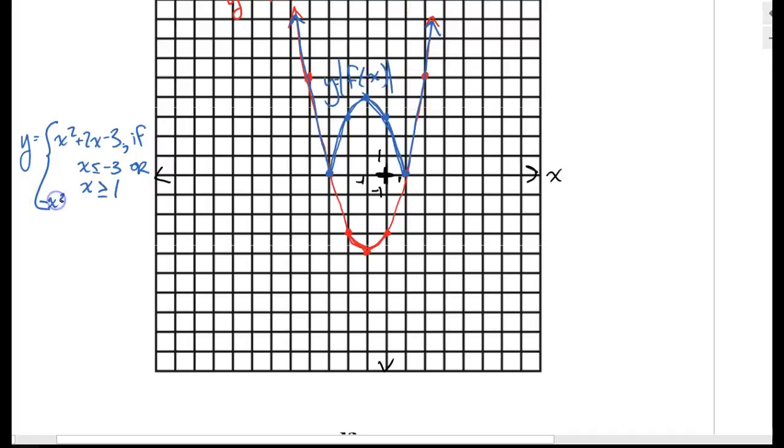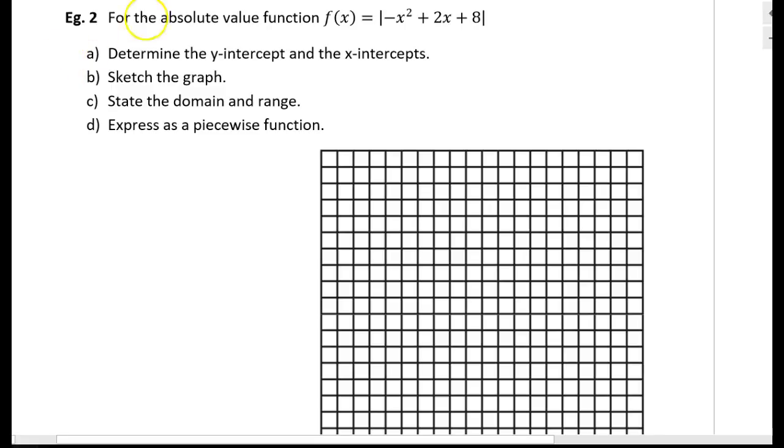Alternately, I'm going to have -x squared minus 2x plus 3 if x is between my 2 critical points. So -3 is going to bookend it at that end and +1 at the other end. Now again, notice I didn't put equal signs there because I don't want it overlapping with the points I've already defined.